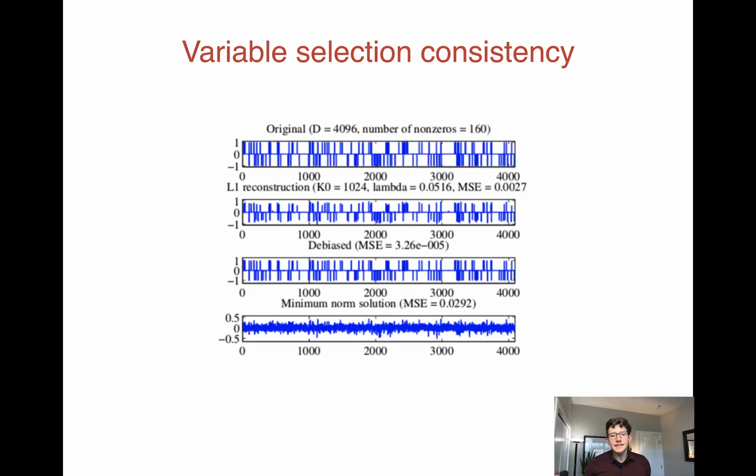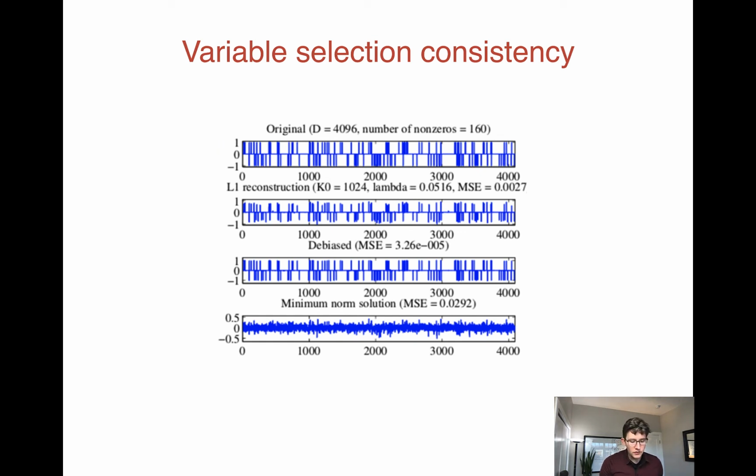Let's look at an example to see how this works in practice. This is some synthetic data where we have defined some true function. The observed label is in fact a linear function with the weights defined here.